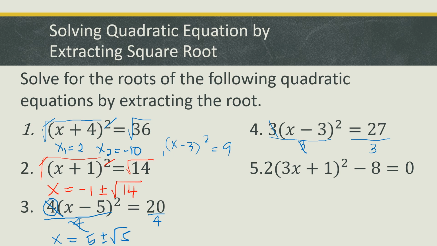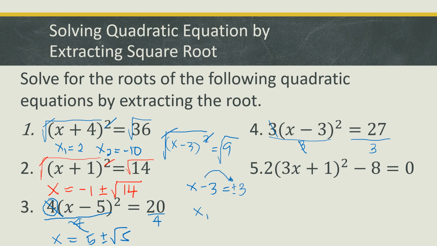So follow the method by extracting the square root. We are to cancel the square. So we have here x minus 3 equals positive and negative 3, since the square root of 9 is 3. So let us transpose negative 3.